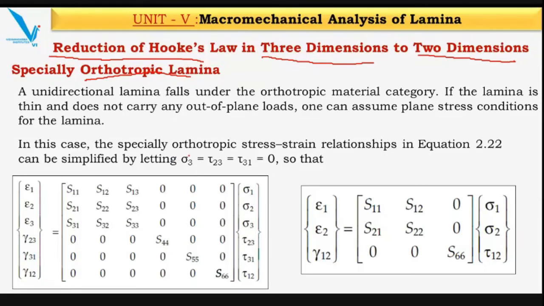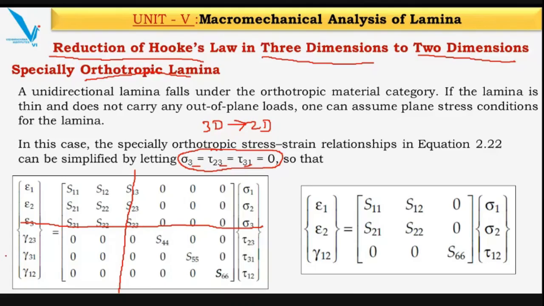But once we reduce it from 3D to 2D, what will happen? All these components having the third digit will be 0. They will not be there. So this third row and this third column, I can completely cancel.